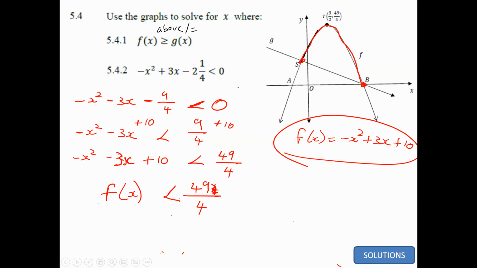The turning point. That's the y value of the turning point. So when is this graph that you are seeing below that 49 over 4?